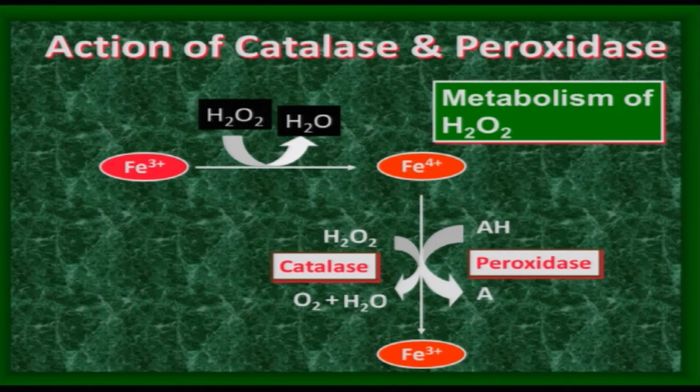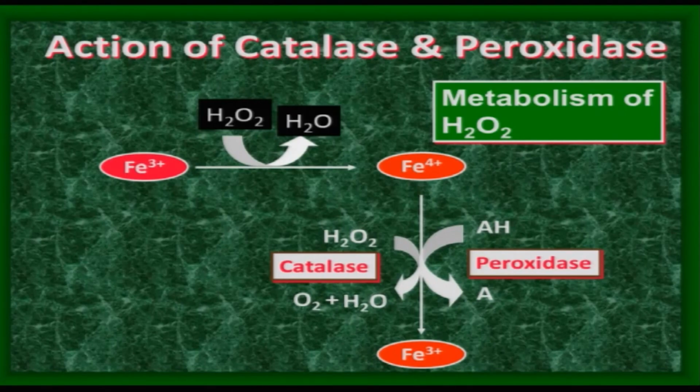As one can see, catalase and peroxidase go through a common intermediate, the iron 4 oxo cation radical. Hydrogen peroxide oxidizes the iron 3 heme center to iron 4, which is a highly reactive intermediate.